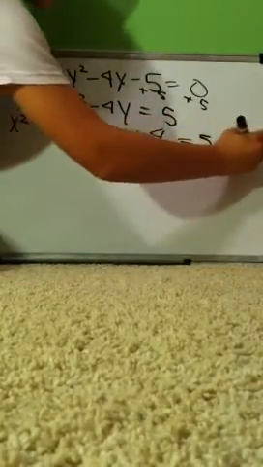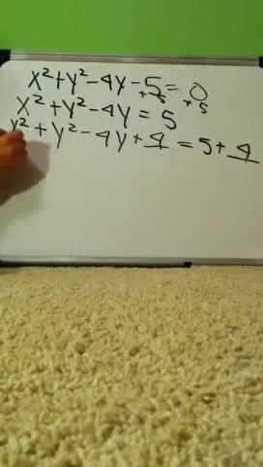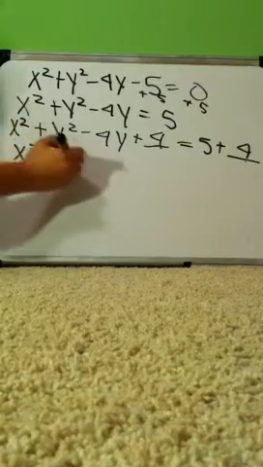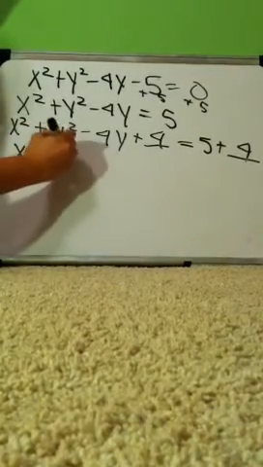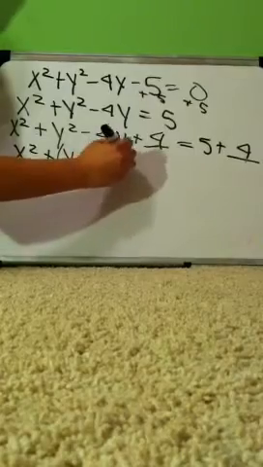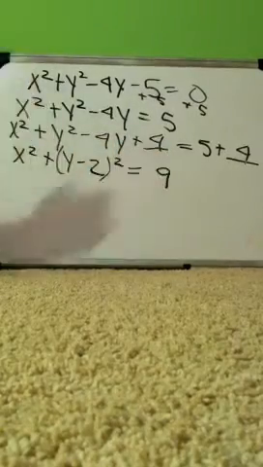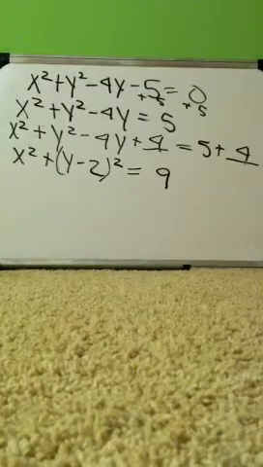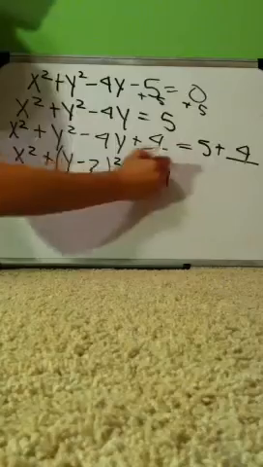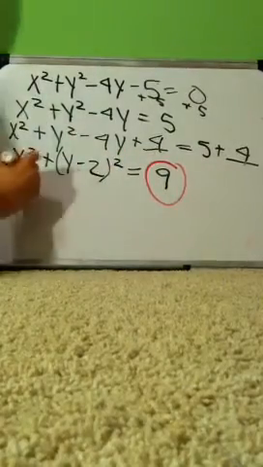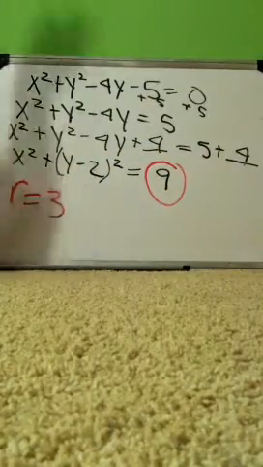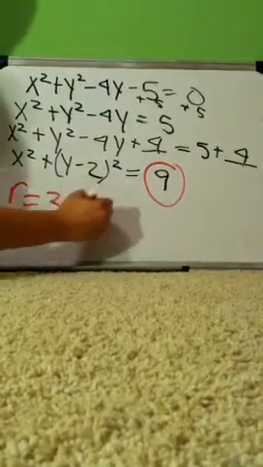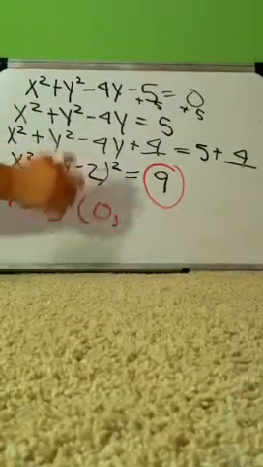So we add 4 to both sides. x squared plus (y minus 2) squared equals 9. So now you can recognize that our radius squared is 9, so our radius is 3. And since there's no other x, we just call the x 0, and that would be 2.